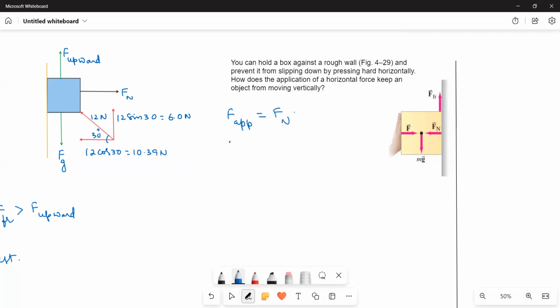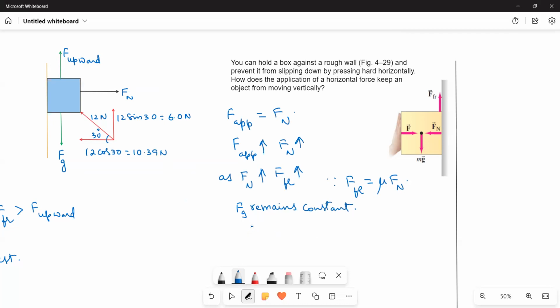As F applied increases, Fn increases. What happens to F friction? As Fn increases, F friction increases, since F friction is equal to mu Fn. But Fg remains constant, because the weight will not change.